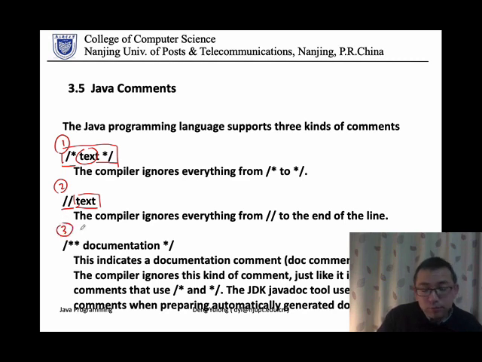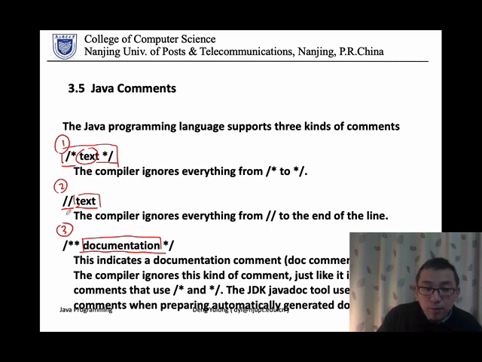The third type of comments we name documentation comments. The documentation comments use this format: a slash with a double asterisk, and asterisk slash, and between them is our documentation comments.